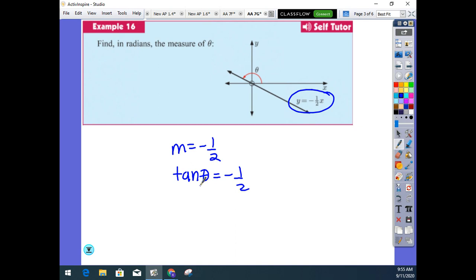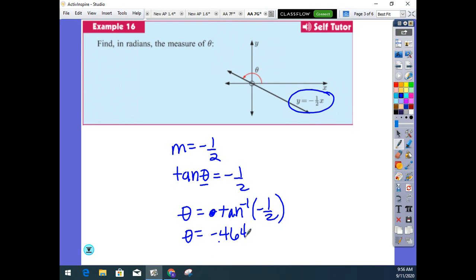So to find the angle, I take tan inverse of this to find what the angle is. So plug that into your calculator. Tan inverse of -1/2, -0.463, really 4.